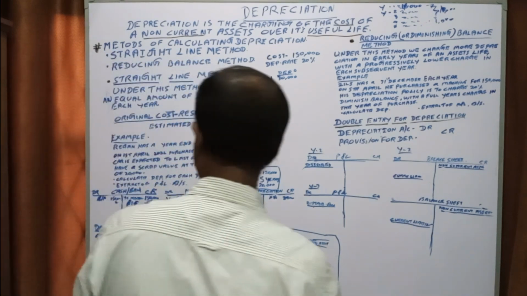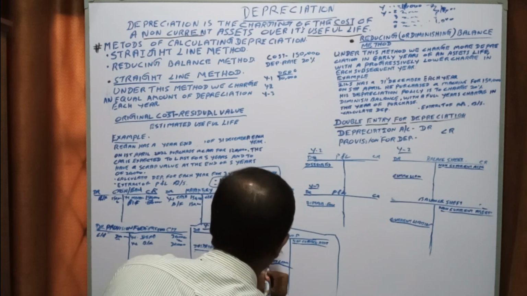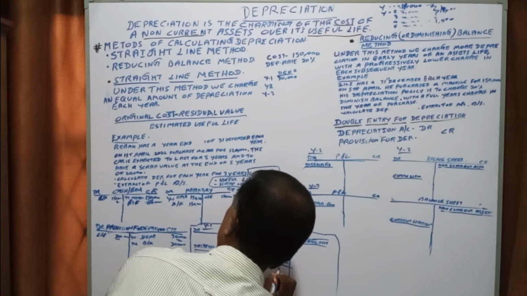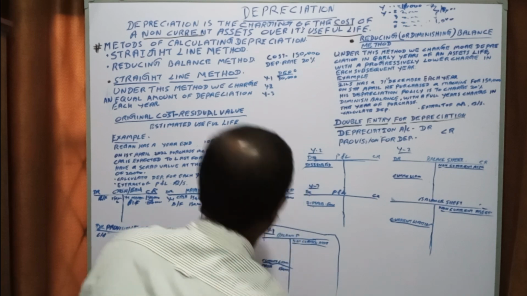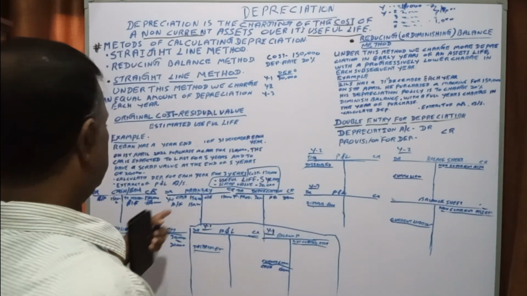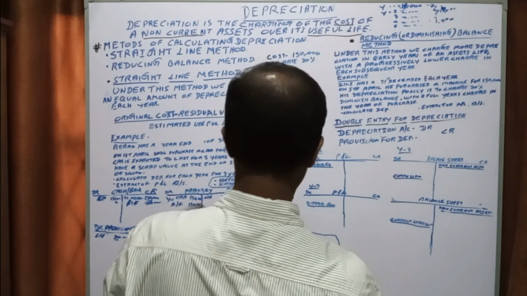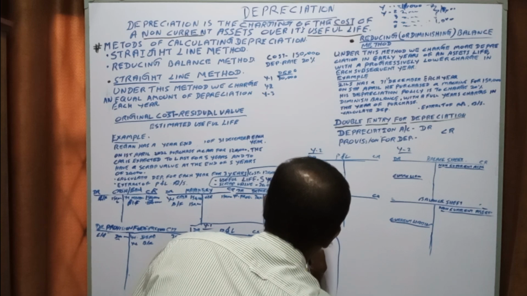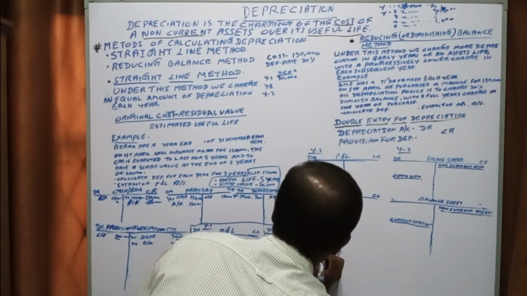Cash account is shown under current assets, cash and bank 150. Machinery we are showing under the non-current assets, 150,000.